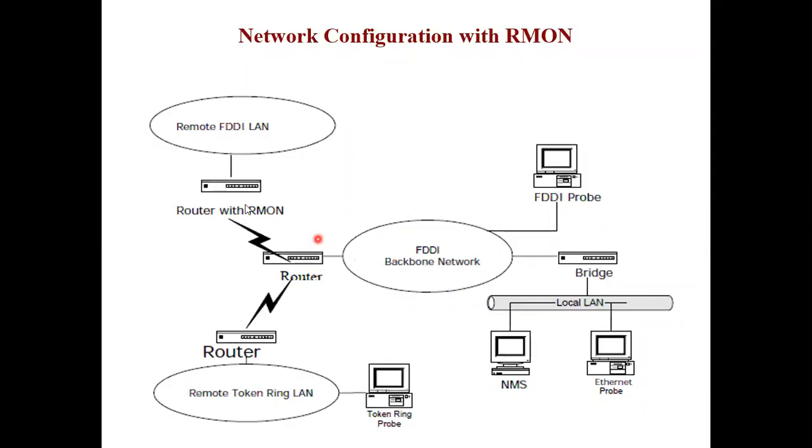It will not pass it to the others because that has no meaning otherwise. So it is passing the data to the NMS, which right now is on the Ethernet. Then the NMS might take some decision. Similarly, here also I have the token ring probe. Now this token ring probe will extract the data. See, all these are physical devices.